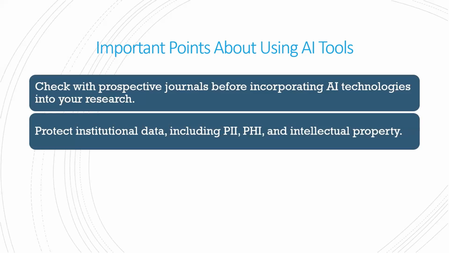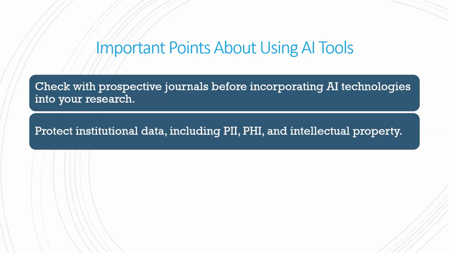Next, protect institutional data, including PII, PHI, and institutional intellectual property. In the notes of this slide, I have a link to the institutional guidelines on using large language models, which I'm sure everyone has seen. That came out, I believe, in April of last year. It was announced in an email from Dr. Pisters, but there was a link to our institutional guidelines.